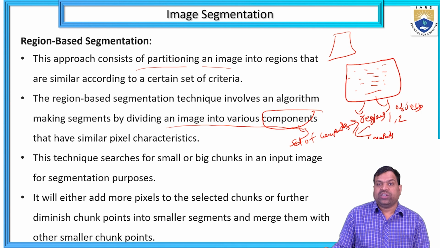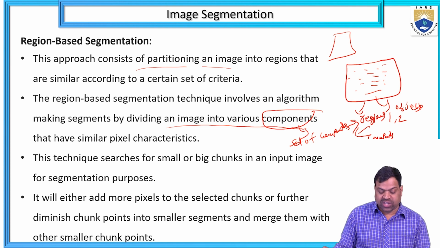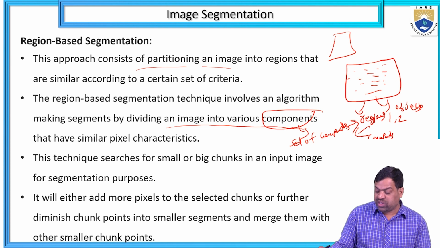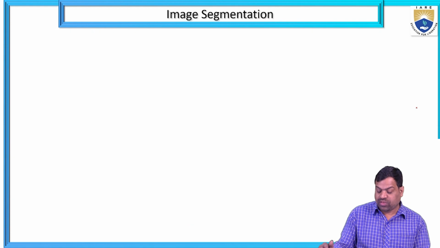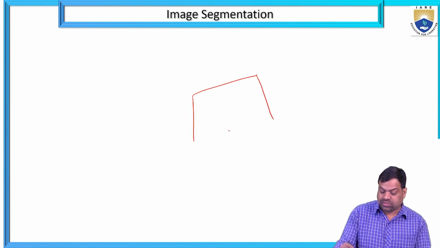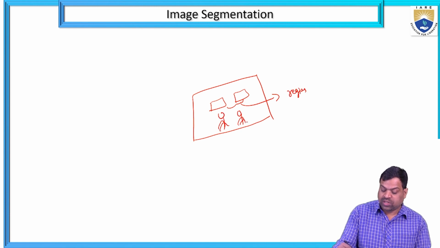Region-based segmentation consists of partitioning an image into regions that are similar according to a certain set of criteria. Region-based segmentation techniques involve algorithms making segments, dividing the image into various components. So, in any image, these are taken as a region, these look the same. This is region 2.